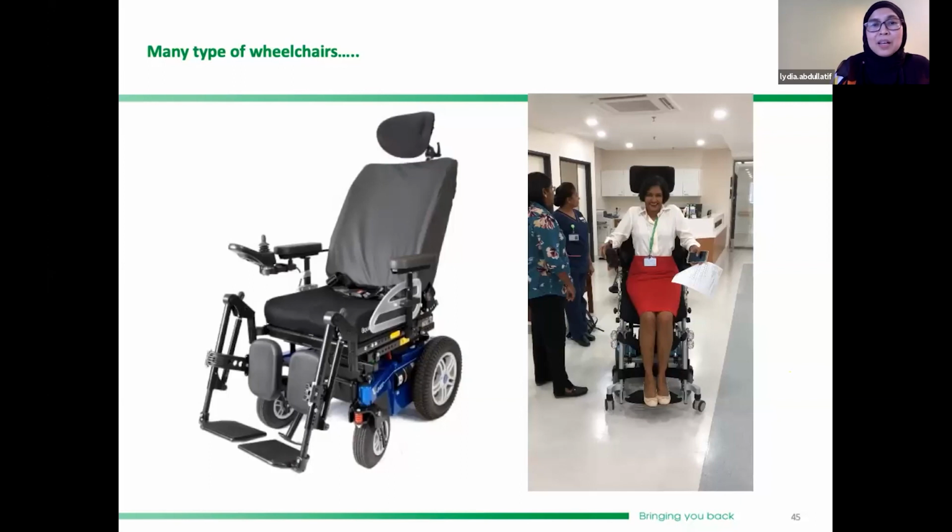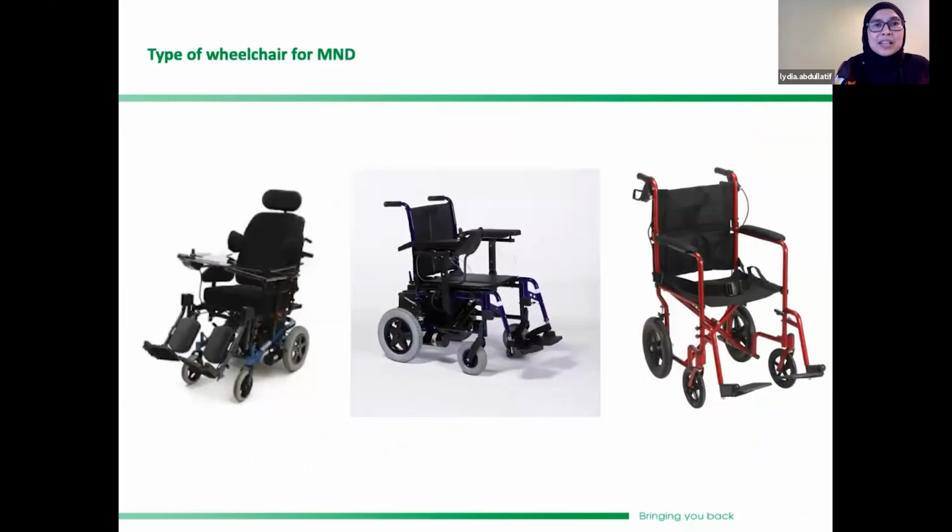Okay, so the type of wheelchairs that is suitable for MND, definitely they would need a tilt-in-space because you can actually tilt them with the reclining. They may also need a tabletop for them to be using like an eye tracker. They may need a powered wheelchair because they don't need to manually move or push their wheelchair.